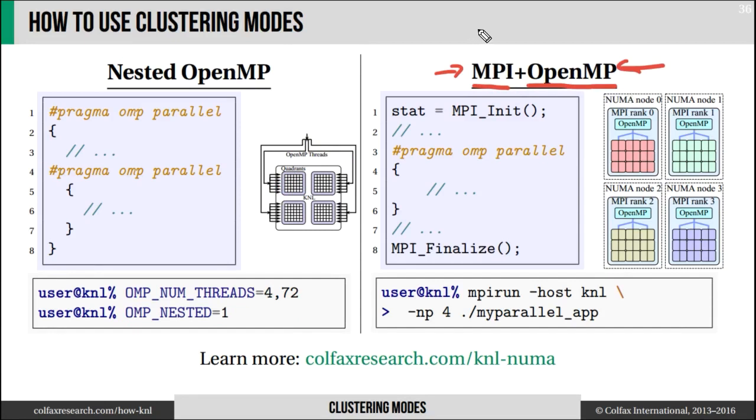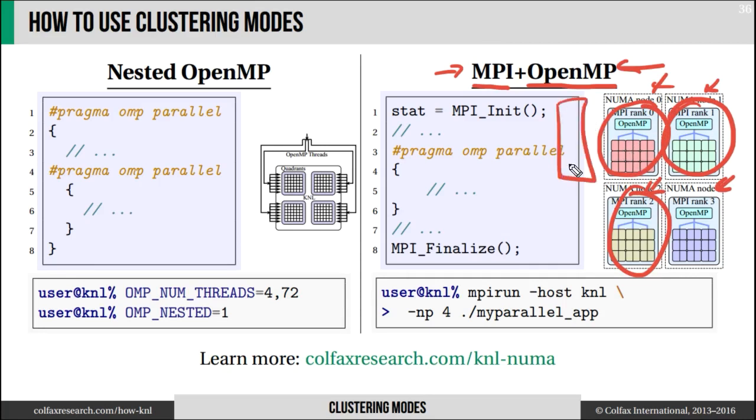As long as you have a NUMA-aware MPI implementation, for example, Intel MPI is NUMA-aware, when you run 4 MPI processes per chip, the MPI library will try to pin them to the respective quadrants, so that threads working in this process only utilize local cores. The local cores allocate memory only to local memory controllers, and all of the requests for cached data are also contained within that NUMA node.